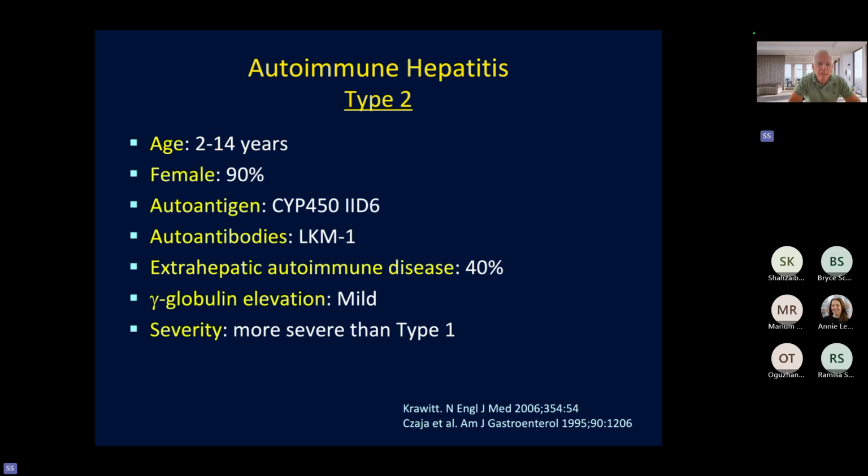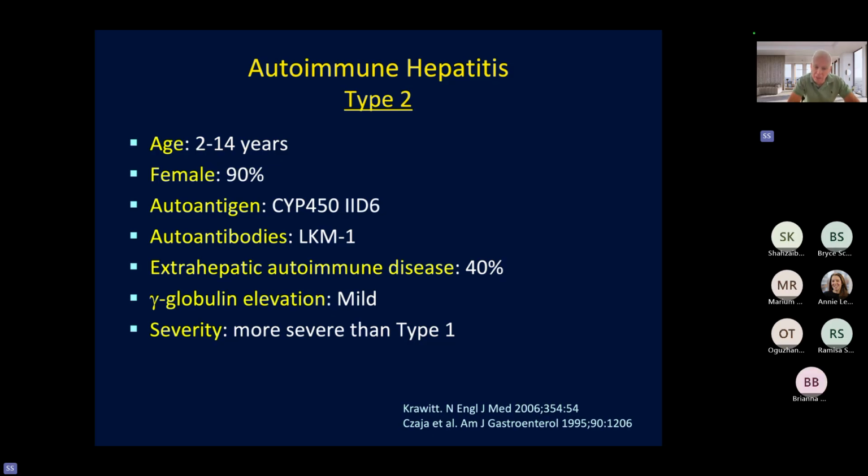Type 2 tends, again, to be in children, somewhat older, adolescents primarily. Females are 90%. The autoantigen is part of the cytochrome P450 system. The autoantibody is LKM1, anti-liver kidney microsomal 1.